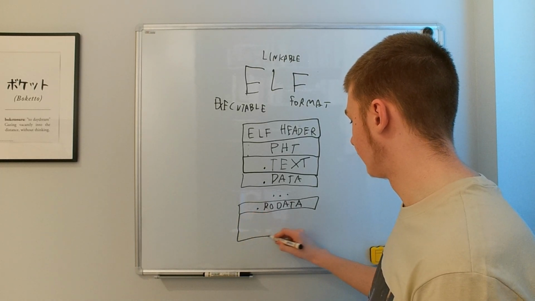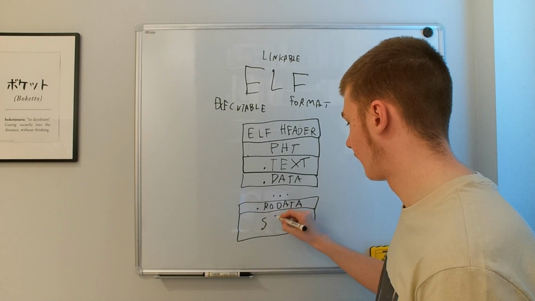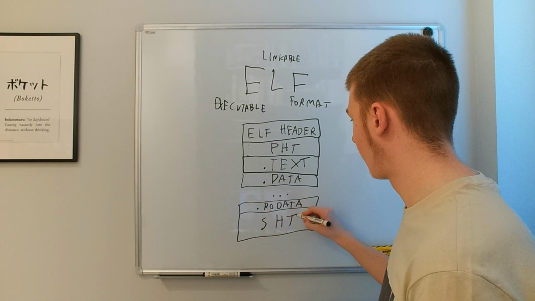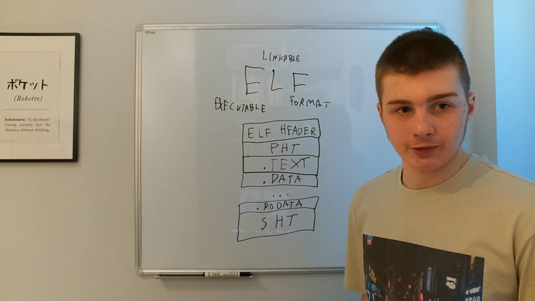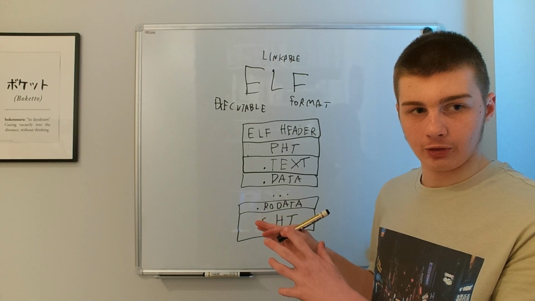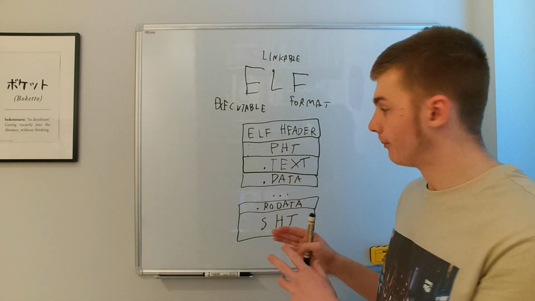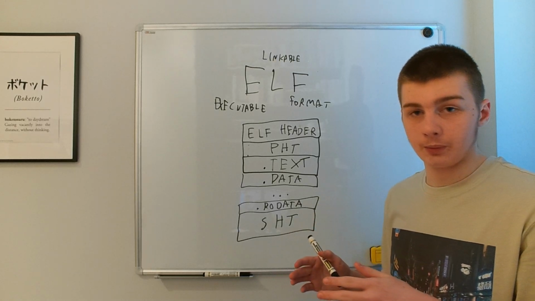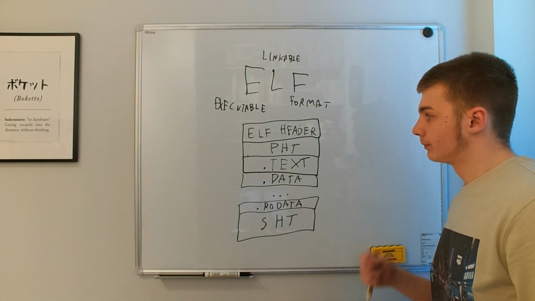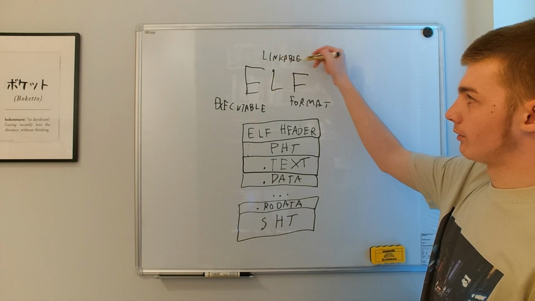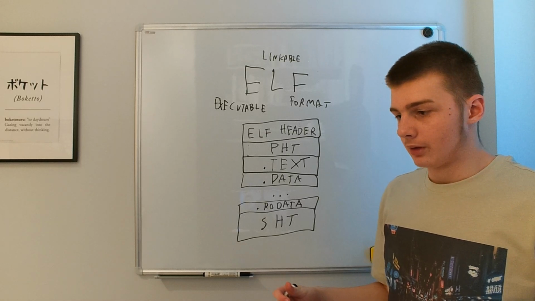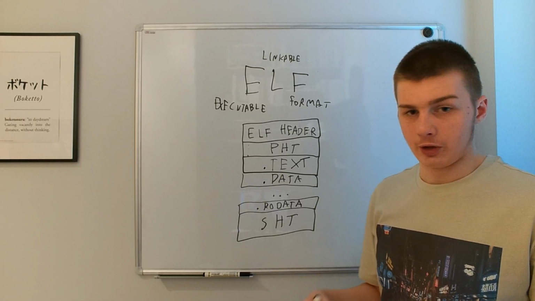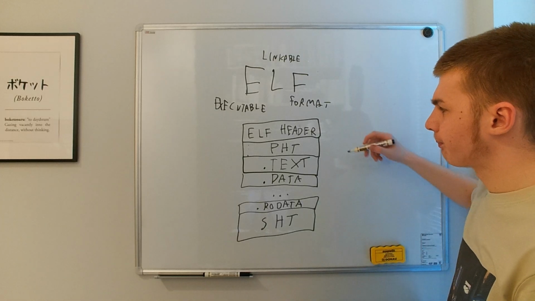And then you can have your SHT, or section header table. So this is the layout of a general ELF executable. Well, not just executable, because again we've said that it can be linkable, so it's also an object format, and it can also be used for shared libraries and such.